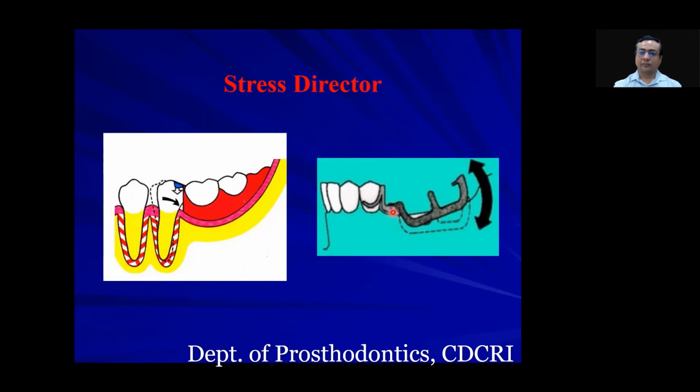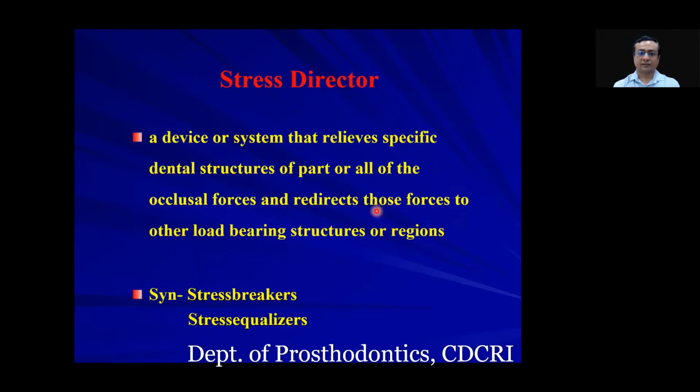There is a joint between the denture base and the direct retainage. This is the stress director. Because of this joint, the denture base moves separately. So the denture base can move down without affecting the abutment tooth. So we will see the stress director.